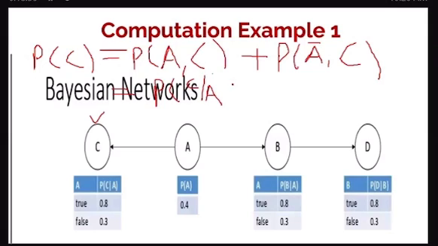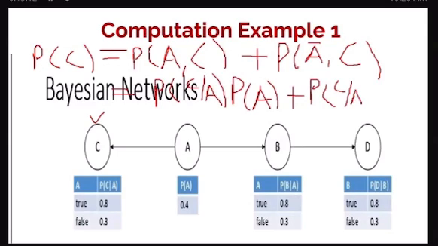Multiply by the probability of A. That is the first one, right? Then I'm going to go to the second one. The second one is actually going to be the probability of C given A complement, multiplied by the probability of A complement.